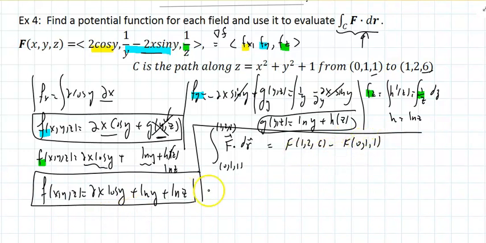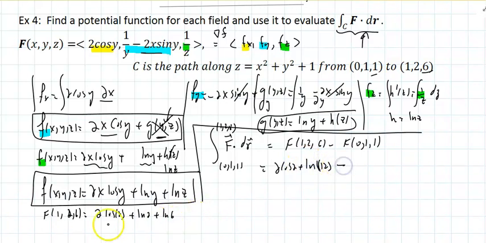Well, what is f of 1, 2, 6? F of 1, 2, 6 is twice the cosine of 2 plus natural log of 2 plus natural log of 6. That is twice the cosine of 2 plus natural log of 12, combining the two logs, minus f of 0, 1, 1. That is 0 plus natural log of 1 is 0, natural log of 1 is 0. So that's my answer.